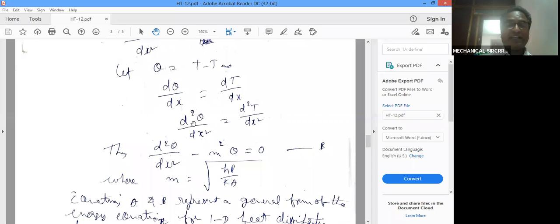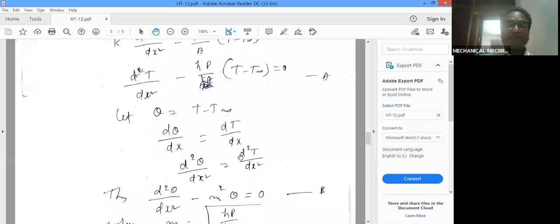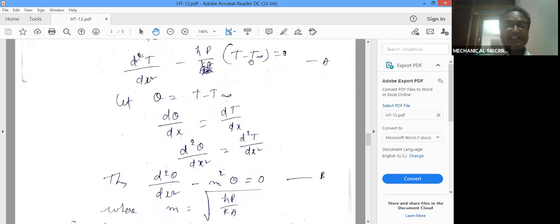Thus, you substitute d square theta by dx square for d square T by dx square in this equation, equation number A. Therefore, d square T by dx square becomes d square theta by dx square minus m square theta, where m is equal to root of hp by ka.